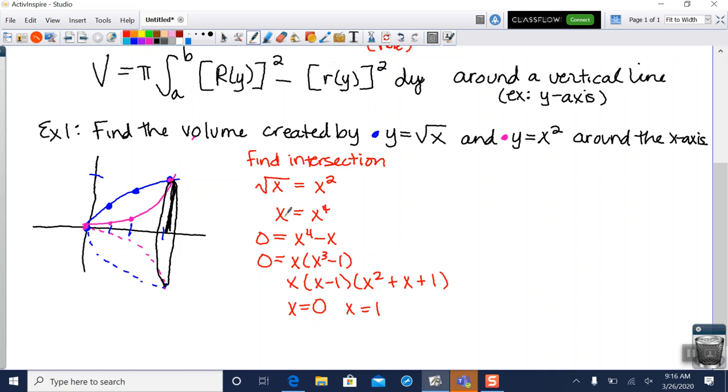Okay. So if we take a look at our circles that are here in the middle, which will give us a little better idea of what we're trying to do with our outer and our inner function. So we've got our circle going here.